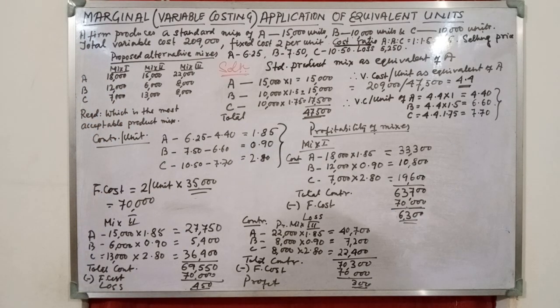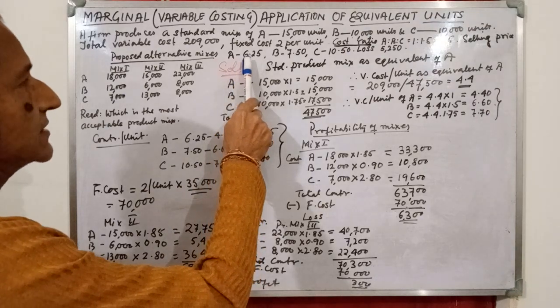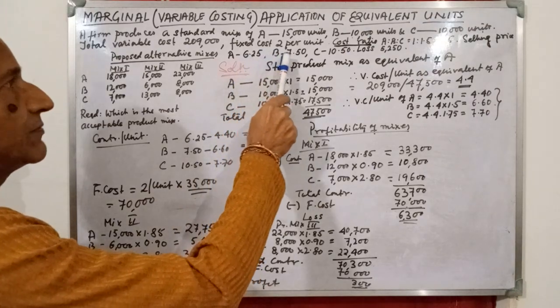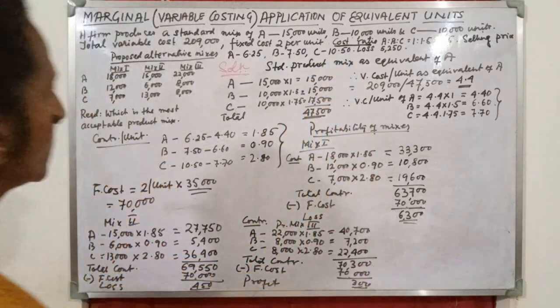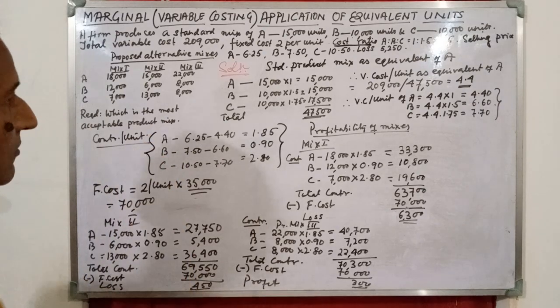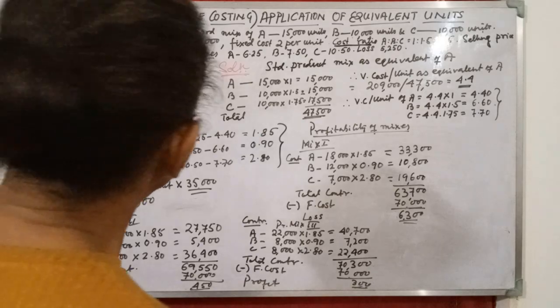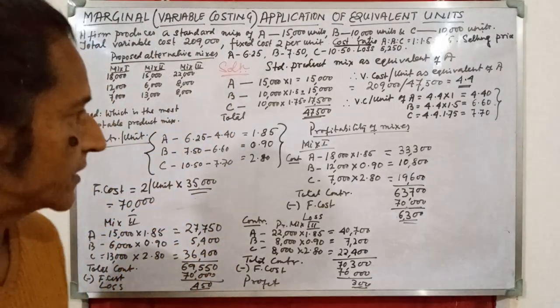Now the sales prices are given. Sales price of A is 6.25, of B is 7.50 and of C is 10.50. So here in this step we have calculated the contribution margin, that is the contribution per unit of the three products.